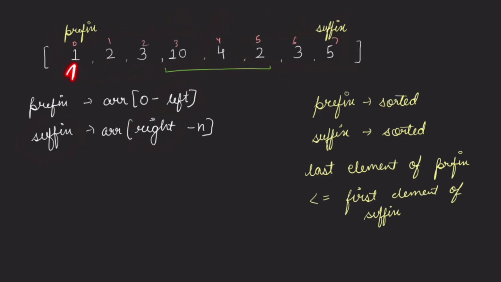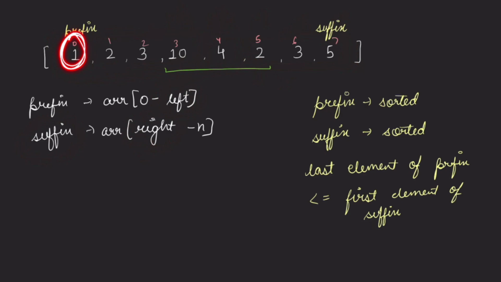Left we can keep at 0. So first we are considering that this is my prefix. Now for this left, you need to find the corresponding right. Initially your right will be 2 because you can start only from here. So when your left is at this particular index, how will you find the corresponding right?